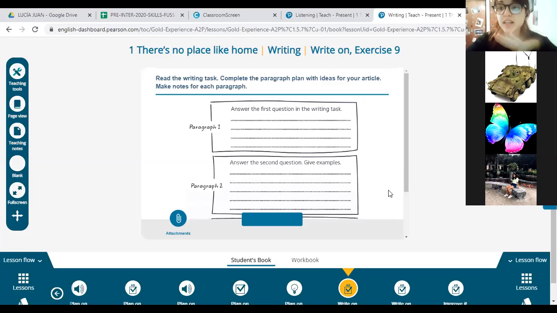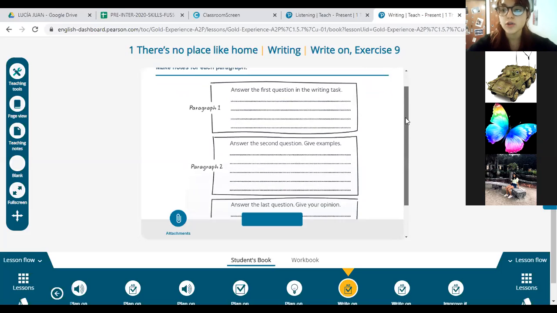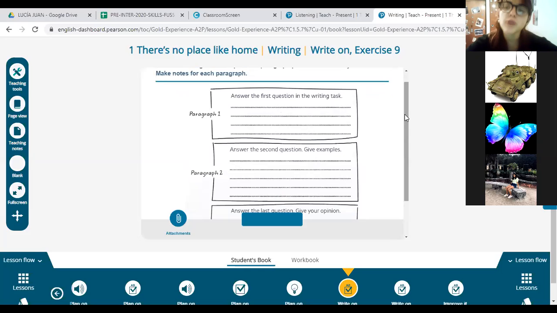So the article that you're writing is going to have 100 words. Bueno, no puedo hacerlo con las manos, pero 100 palabras. And it's going to be divided into 3 paragraphs. Do you know how to structure a writing? ¿Cómo se estructura?